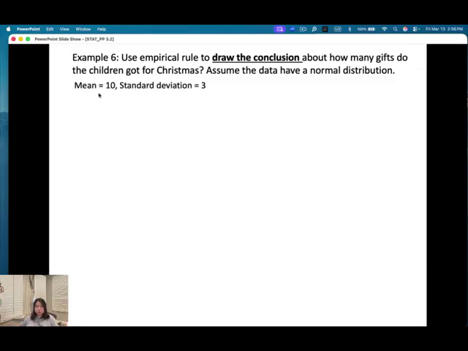Given the mean is equal to 10 and the standard deviation is equal to 3, first we're going to find 1 standard deviation, 2 standard deviations, and 3 standard deviations. I'm going to use the mean plus or minus the standard deviation. The mean, which is 10, minus and plus 1 standard deviation, you're going to get 7 and 13.